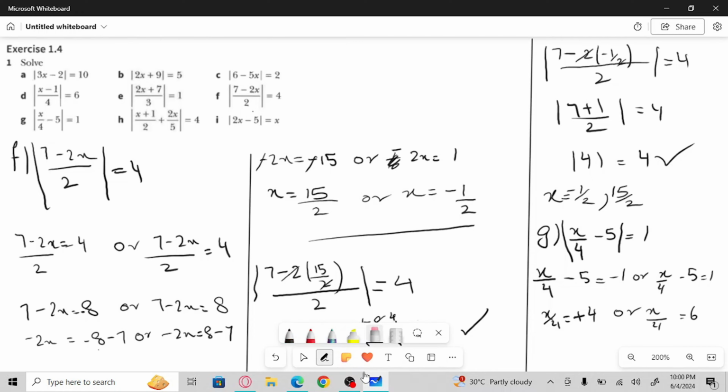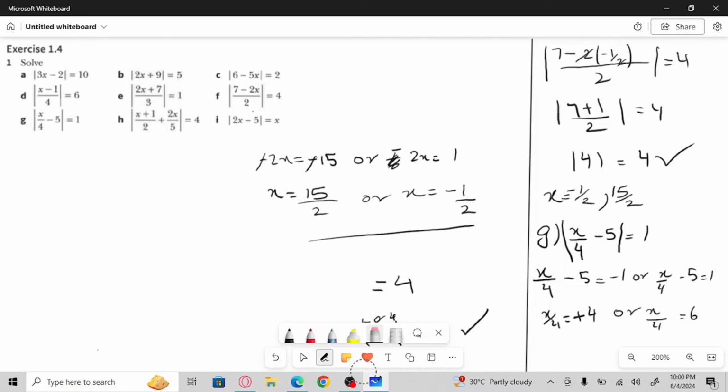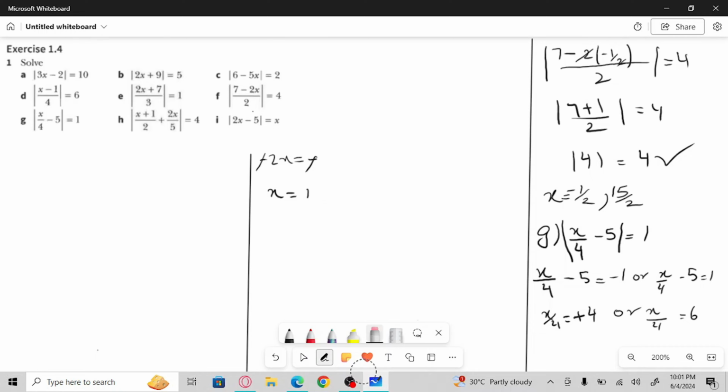Let me erase this part. We can solve this question. Bear with me. Okay, this is enough, I guess. So we are going to say that x is equal to 4 fours are 16, or x is equal to 6 fours are 24.